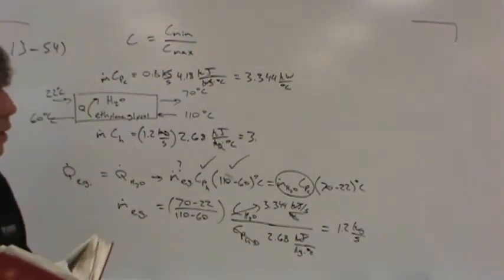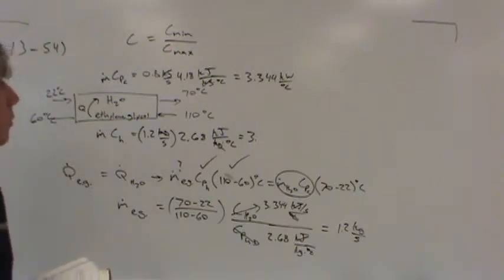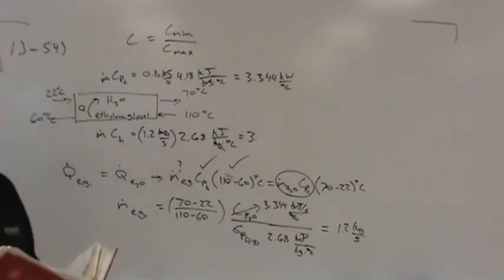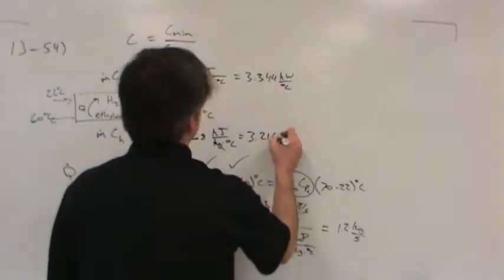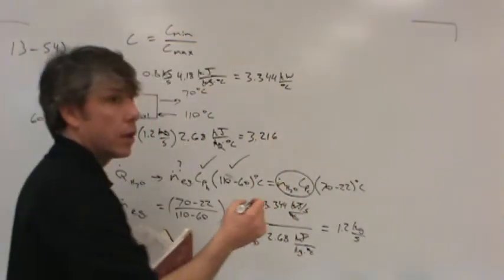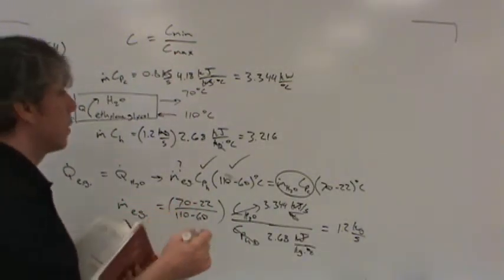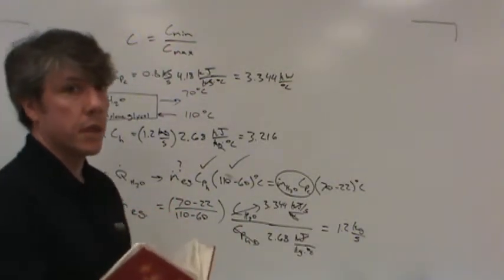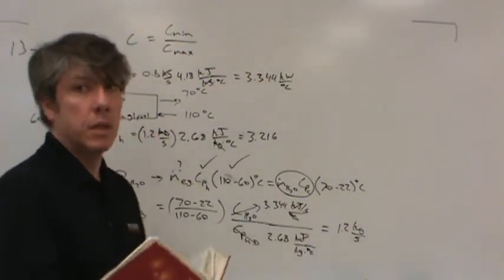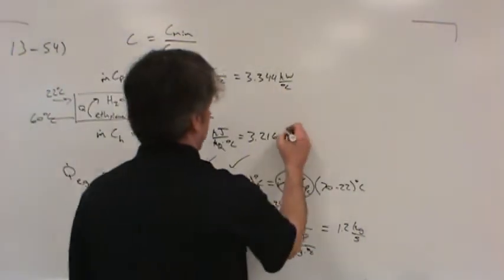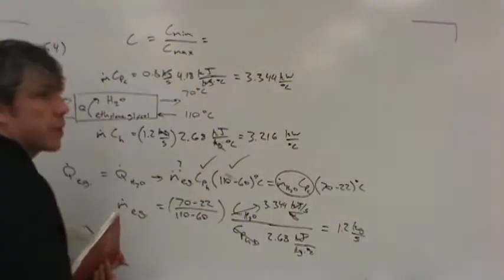Grab your calculator, please, and let's find out what the number was. 3.216. Can I get somebody else to verify? I got it, 3.216, okay, all right. Kilowatts per degree Celsius.